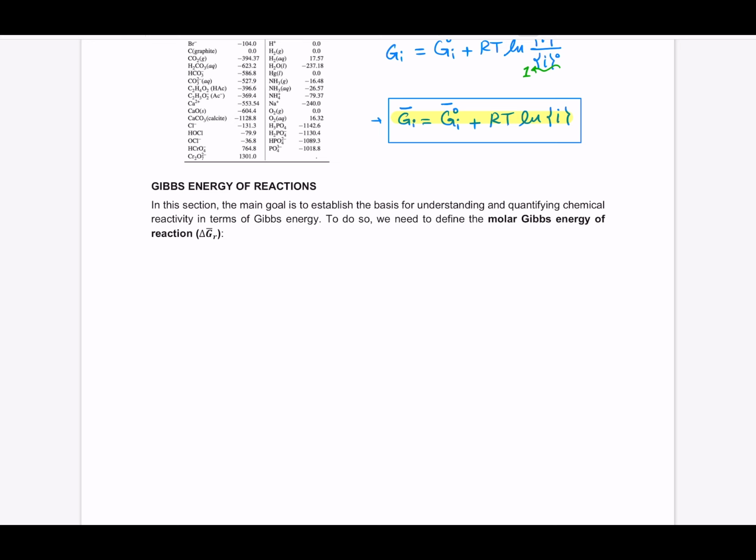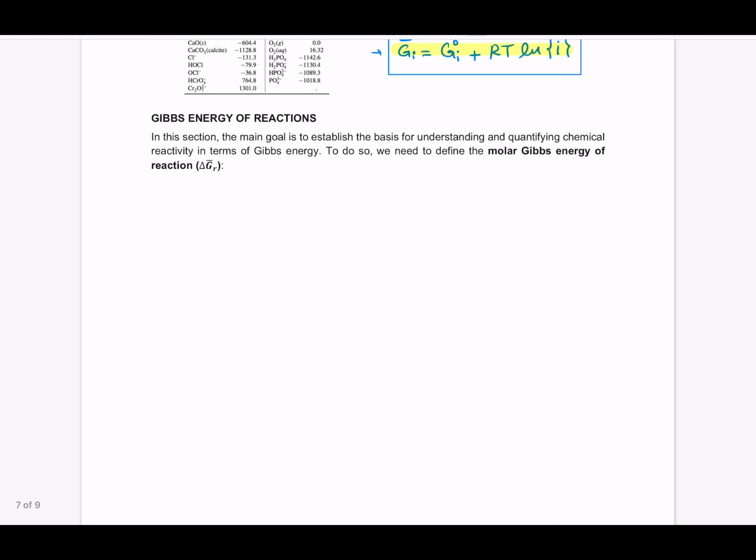So to do that, I'm going to just give you the final expression. Delta G of a reaction. Now we have this R term, not necessarily I term, per mole. It would be a combination of all the G I per mole, considering their stoichiometric coefficient. That stoichiometric coefficient is similar to the Ni that we had before.